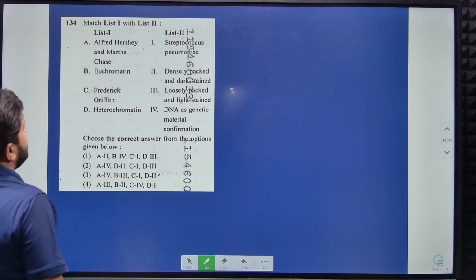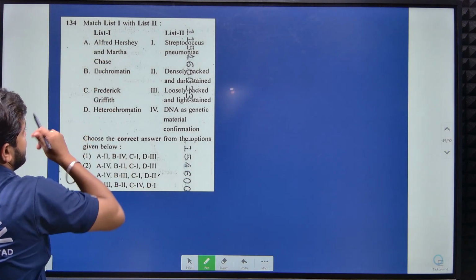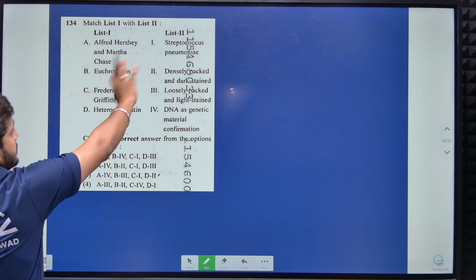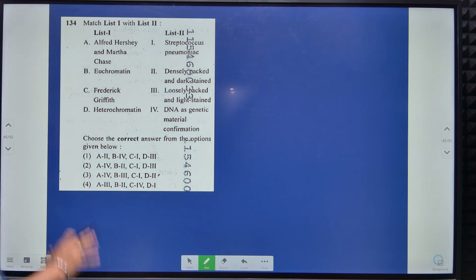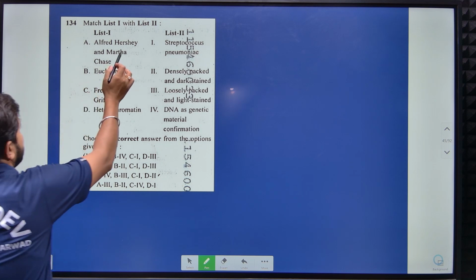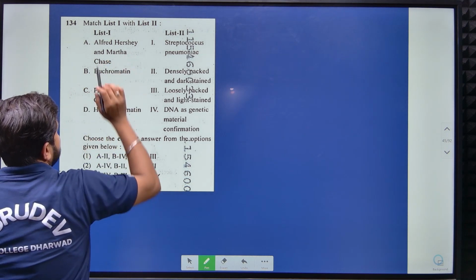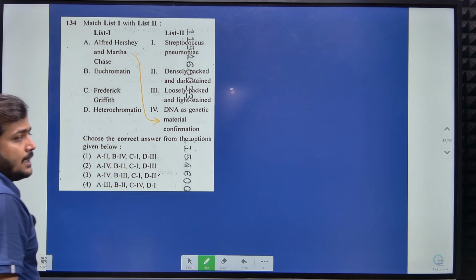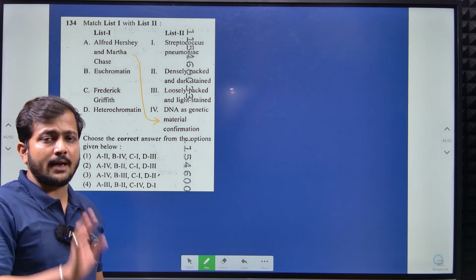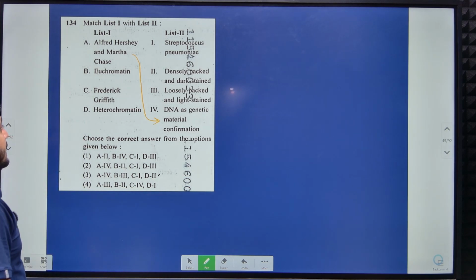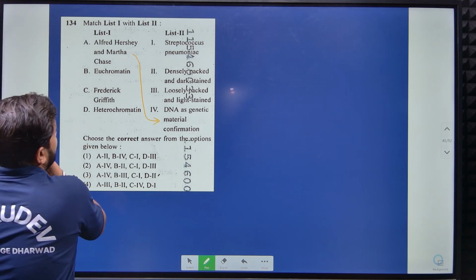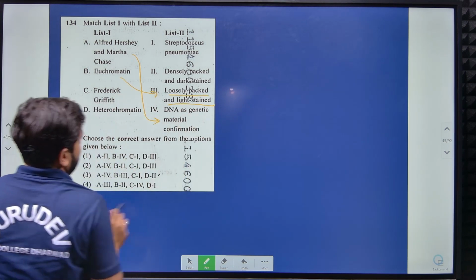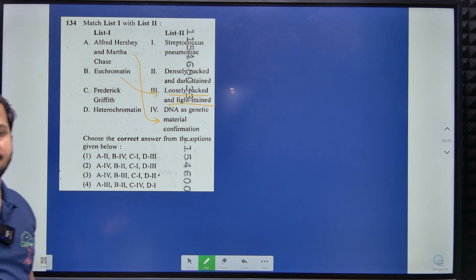Then here different scientist names, and euchromatin and heterochromatin have been mentioned, and we have to match them with the given characters. Alfred Hershey and Martha Chase confirmed DNA as the genetic material using E. coli and bacteriophage. Euchromatin is loosely packed and lightly stained, because euchromatin is transcriptionally active.